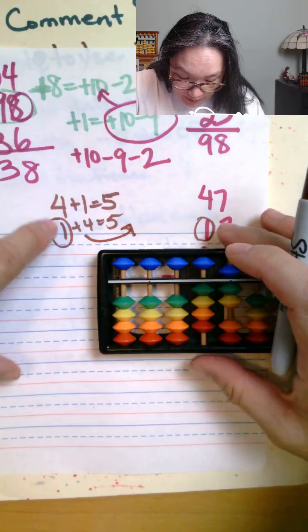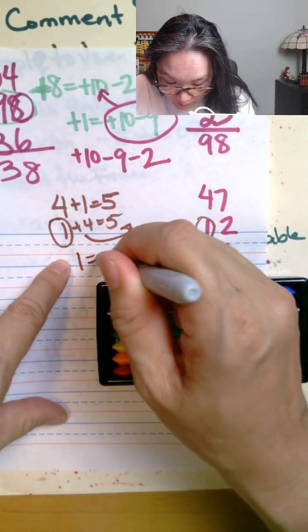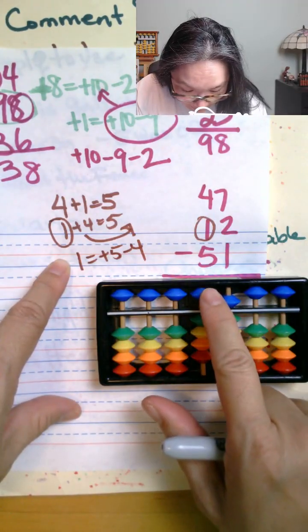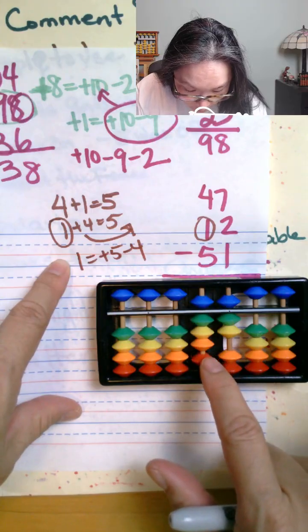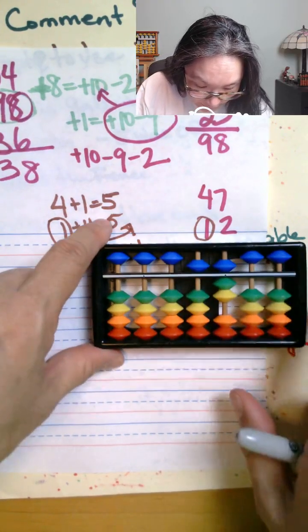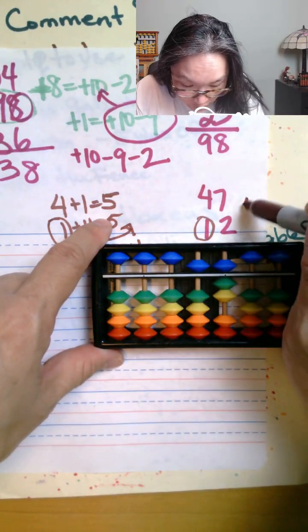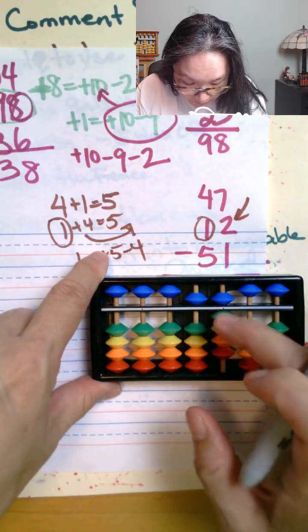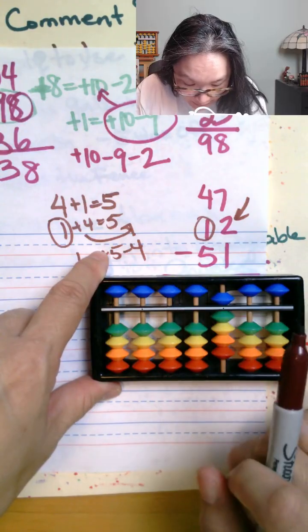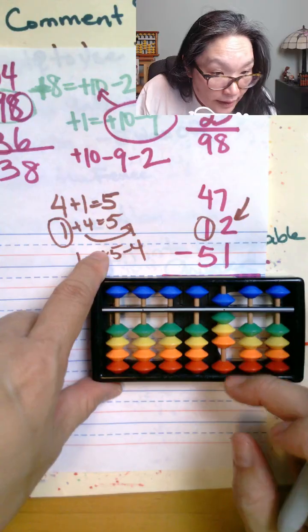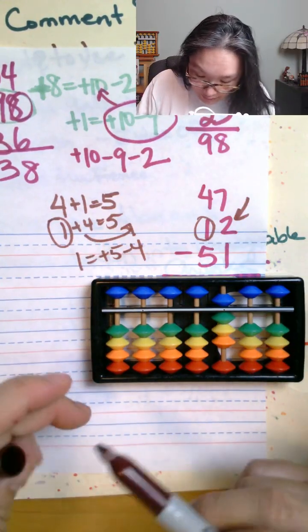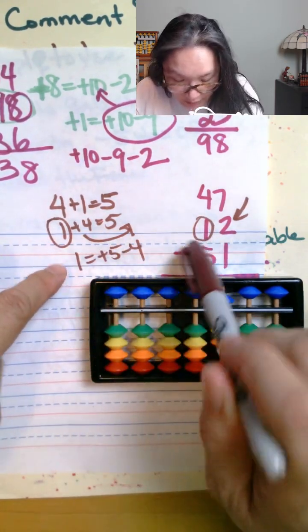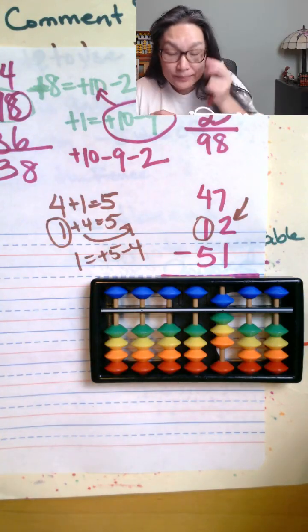So I'm going to rewrite it: 1 is equal to plus 5 minus 4. So I want to add the 5 and take away the 4. And then I want to add 2. Is there enough? Yes. So I'm just going to add the 2. Now I take away 1. I'm sorry, take away 5. And I take away 1. And Taylor's right. The answer is 8. But doing it this way, I'm introducing how to do it on the abacus.